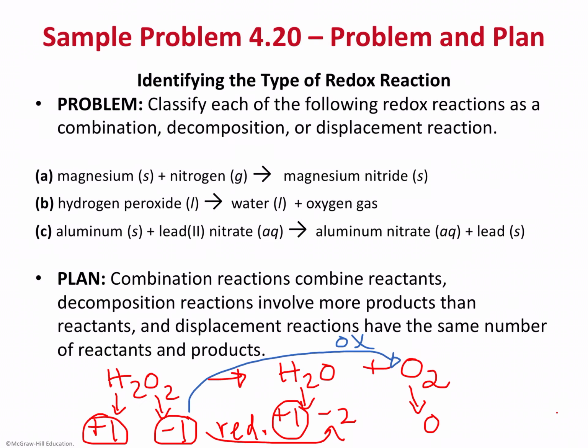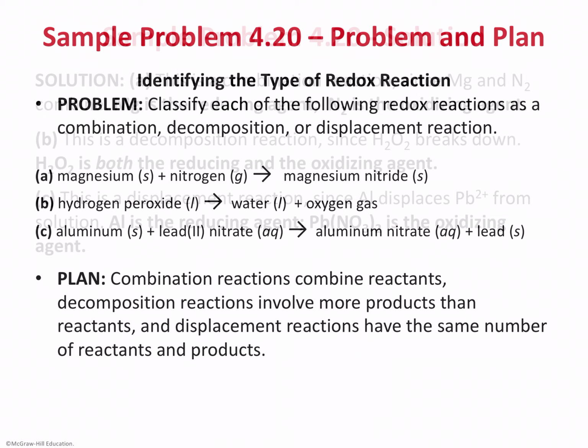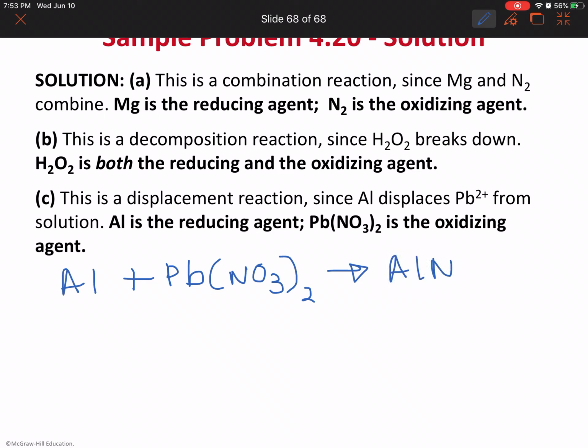And then the next one is a displacement reaction. Aluminum plus lead nitrate will become aluminum nitrate plus lead, Pb. It's a solid.